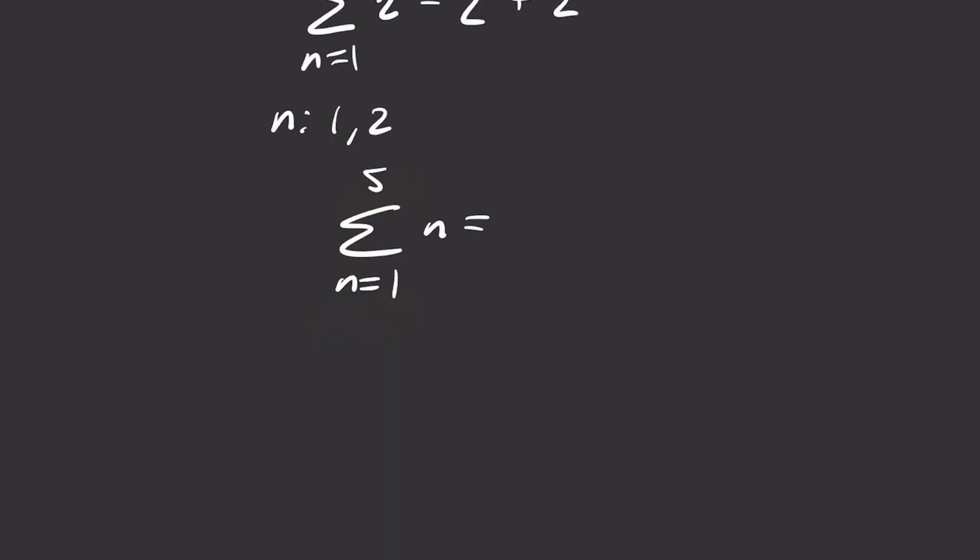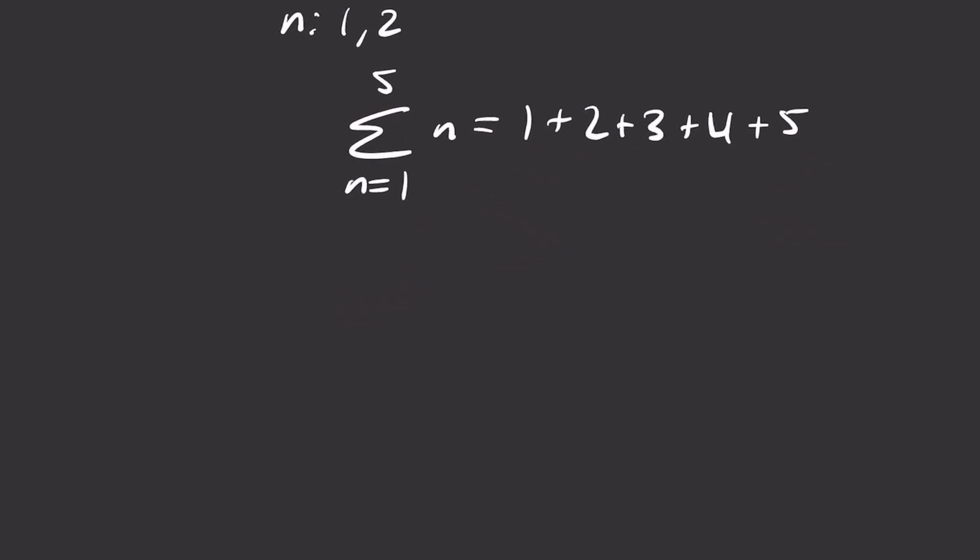What this means is I'm just saying 1 plus 2 plus 3 plus 4 plus 5, and that's where I end the whole sum. So I go from n equals 1 all the way to n equals 5, and that's where I stop. The other thing I can do is change this n to, say, n squared.